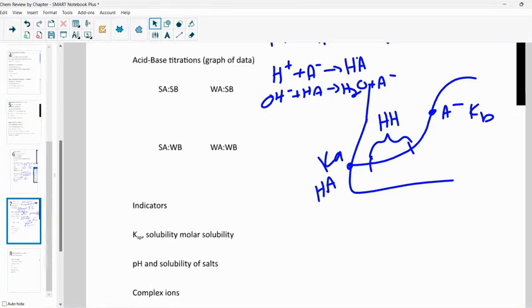Past the equivalence point, it actually just turns into an excess hydroxide problem. Once we get past that, now it starts to go up so much because you're just adding excess base. All the base in the form of the A minus is there, but you're putting in a strong base now. It just turns into, if you put an extra 3 milliliters in, okay, just go like moles and figure out how much OH you have still floating around.